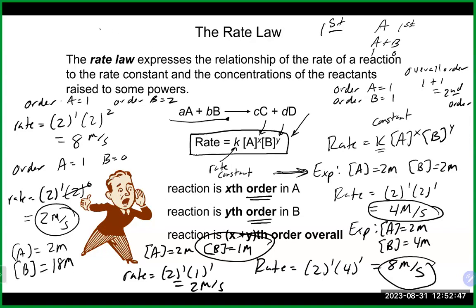If I had second order overall, you could have one reactant that is second order, or two reactants that are first order in each, which would give you second order. So if you're trying to talk about an overall order of a reaction of like 8, you would need a lot of reactants reacting to get to 8.